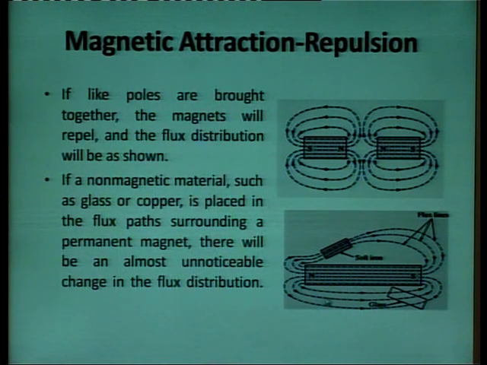The magnetic lines of force are not disturbed by any means, but if we put a soft iron piece, any magnetic material, then the flux lines would be distorted like this. These are the magnetic lines of force traveling from north to south, but due to this iron piece, they are diverted from their path.